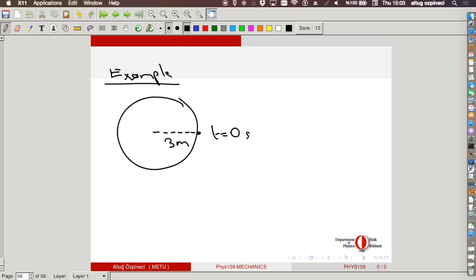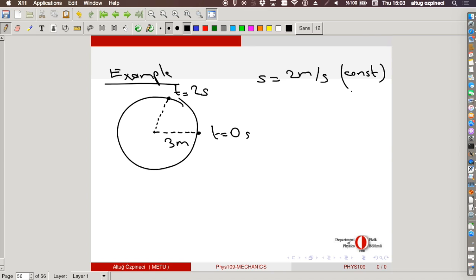At time t equal to 2 seconds, it's somewhere over here. And let's assume that you are given the information that the speed is constant. The speed is 2 meters per second, constant.